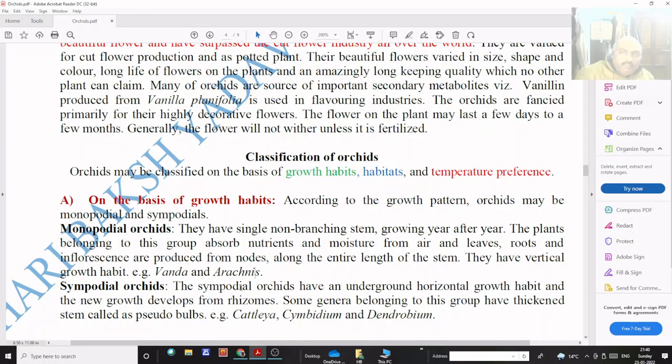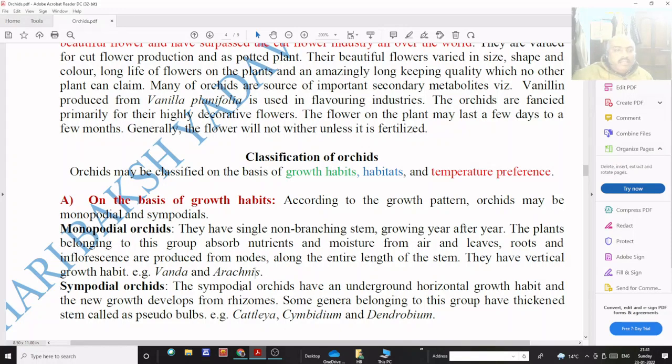On the basis of growth habit, orchids are classified as monopodial and sympodial. Monopodial orchids have a single non-branching stem growing upward year after year.